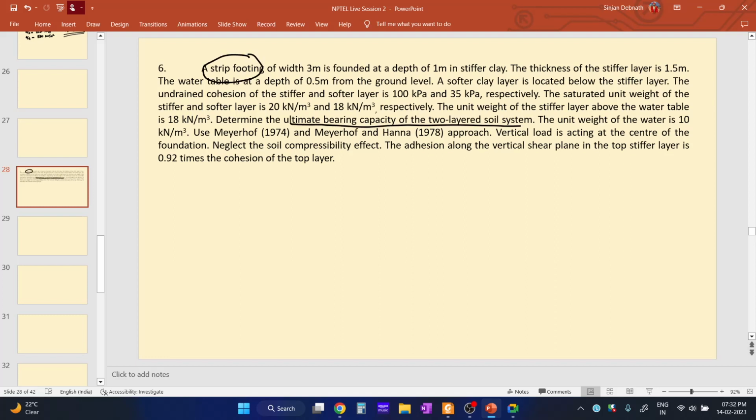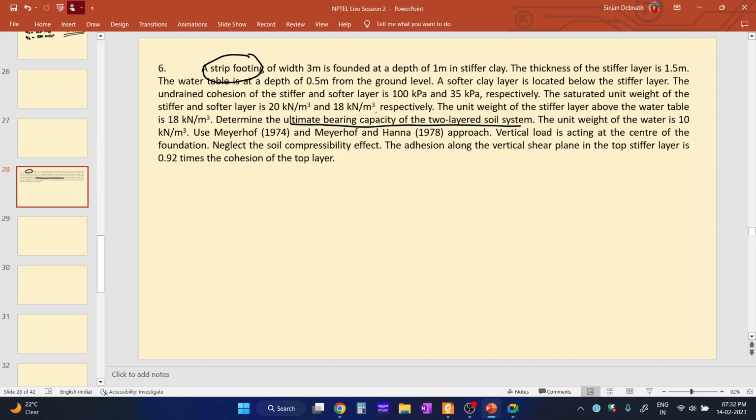Earlier it was a rectangular footing, now it is a strip footing. So the shape factors will be different in this case, and all the other things will be similar to the previous question. The difference is the shape factor.